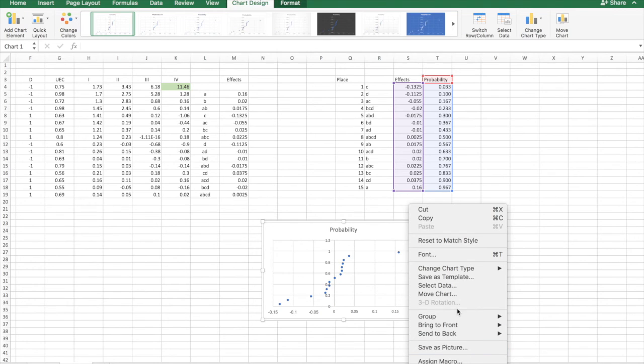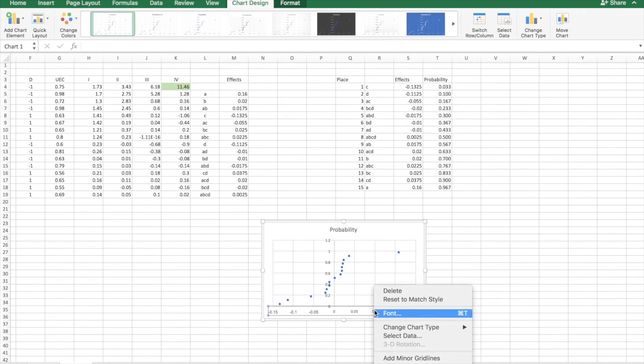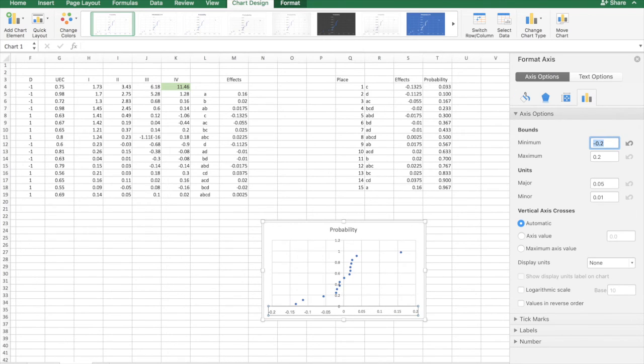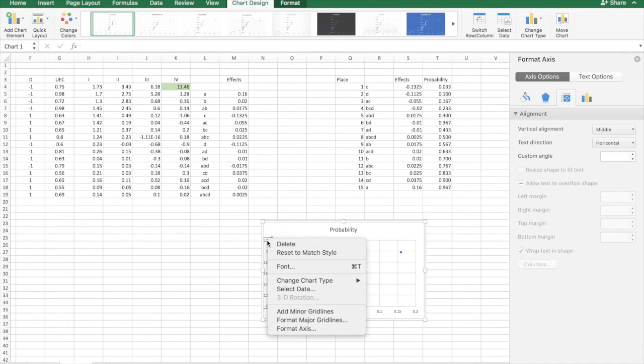We edit the format of the axis from minus 0.2 to 0.2. Now remember, we have to actually plot it on normal paper, but since Excel doesn't have normal paper, we have to do it on a scatter.